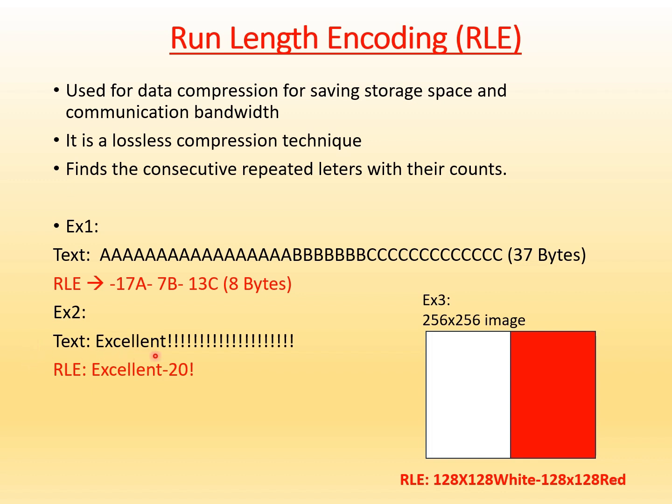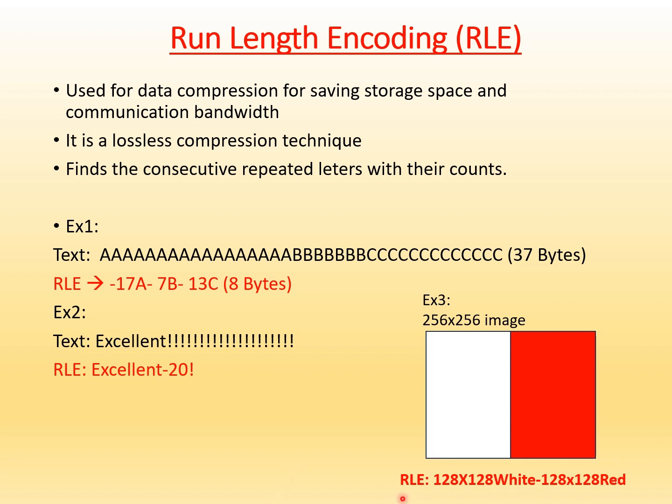In example 2, we write "excellent" with so many exclamation marks. In RLE it will look like "excellent" and then 20 exclamation marks. A big saving will come when you have an image like this. It's a 256 by 256 image that takes a lot of data to be stored, because these colors are represented with red, green, blue channel pixel values.